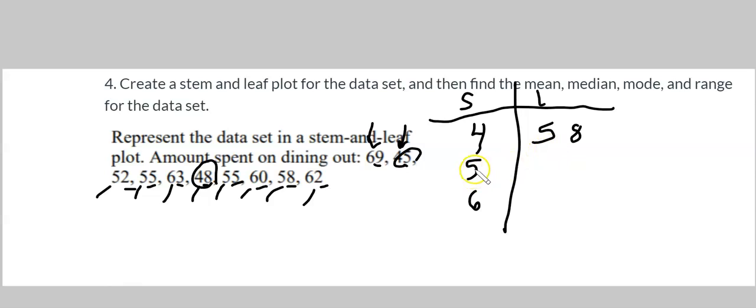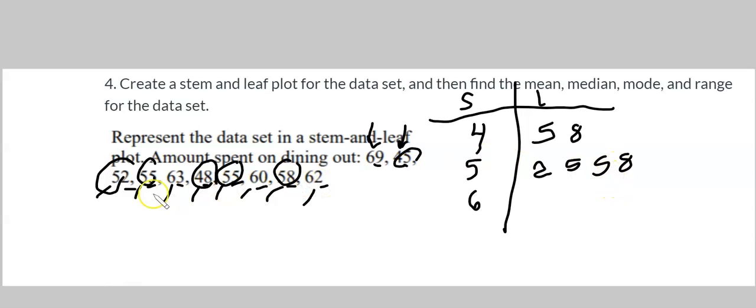Now I'm going to look at everything that has a stem of 5, or in the 50s. So we have 52, 55, 55, and 58, and they have to go in numerical order, least to greatest, from left to right horizontally.